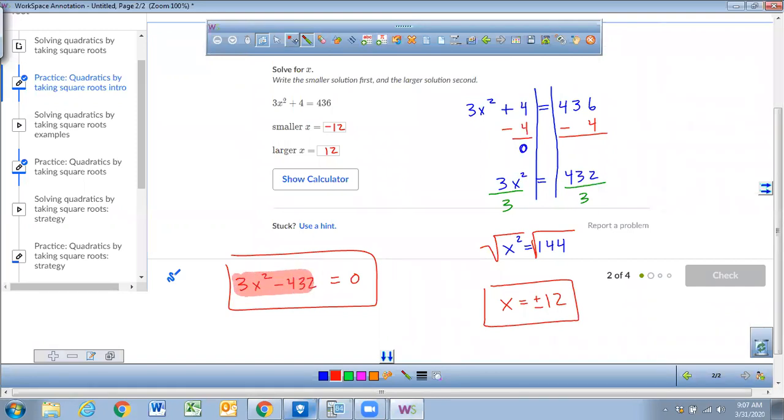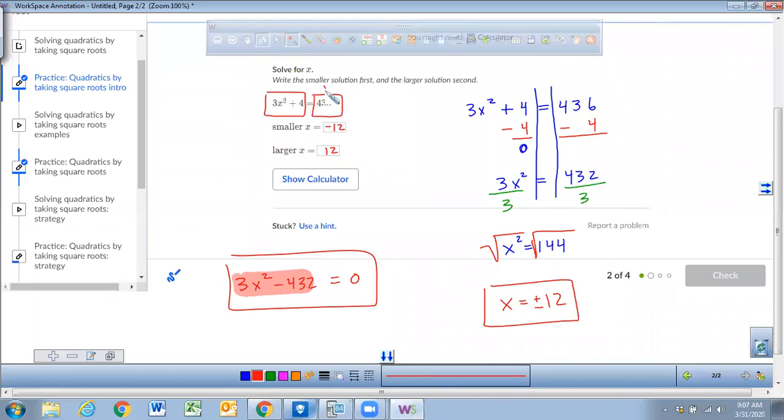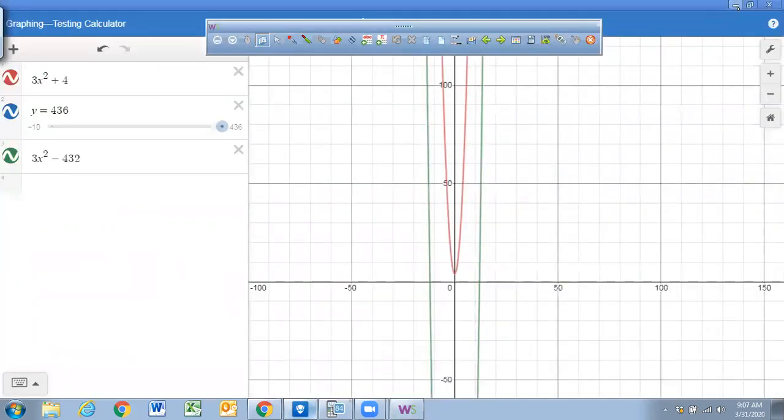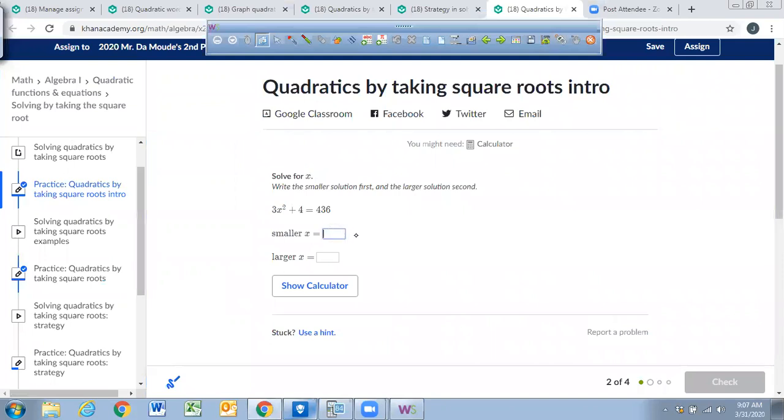And the other way, what would you have to do? You'd have to put this in one line and this in the other line, but you'd have to put y equals and y equals. And then you can see where they intersect to check your answer. Now, I think it's a lot easier to just do it by hand and just solve it than using Desmos.